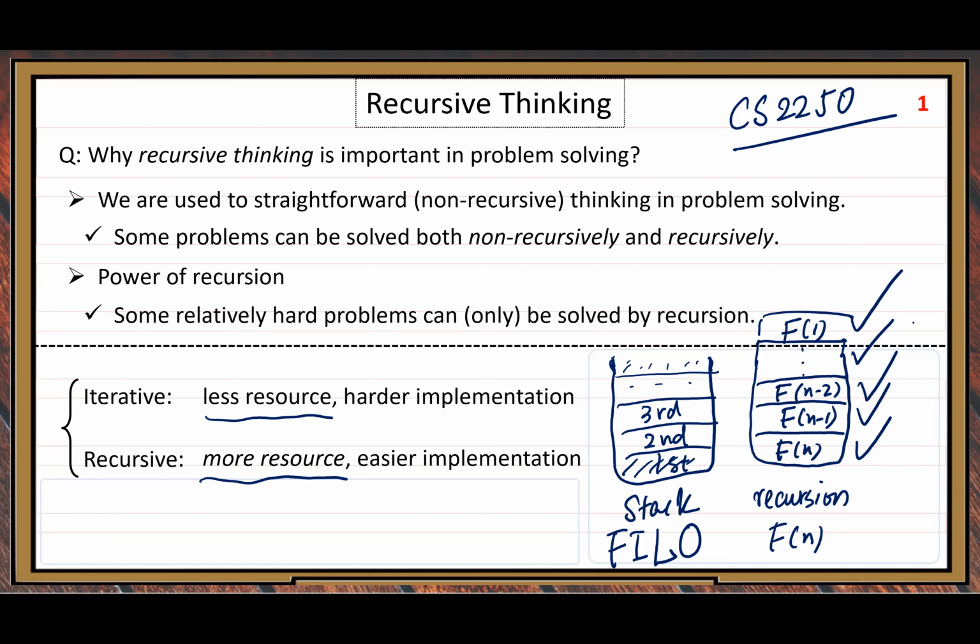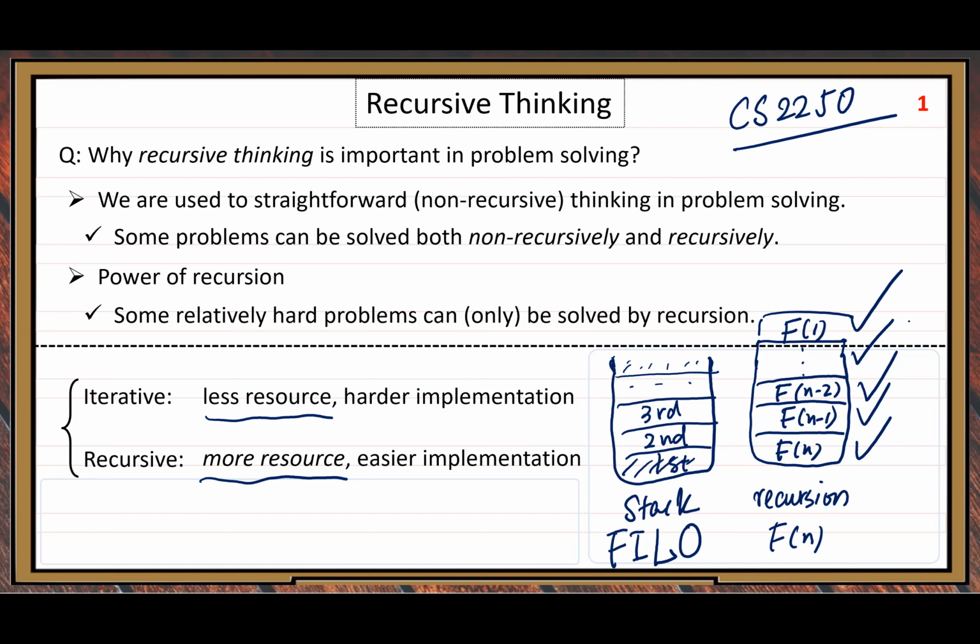Then, when the stack is very deep, you can imagine a lot of resource is used. If too much memory resource is consumed, it could impact your performance and response time.